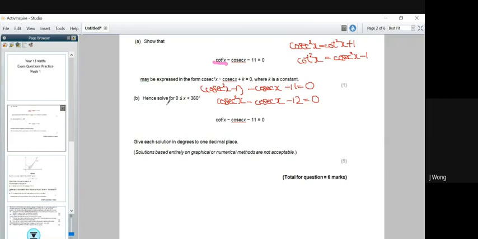For part B, they would like us to solve the equation in the interval from 0 to 360, and they want us to give each of the answers in degrees to 1 decimal place only.